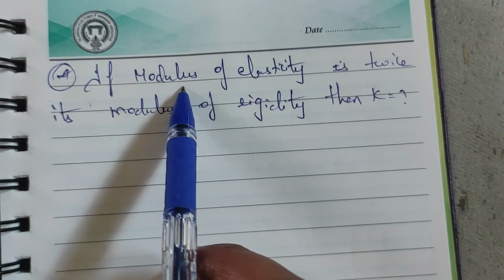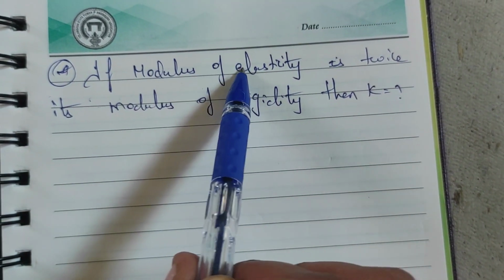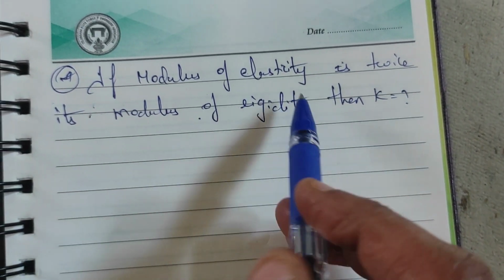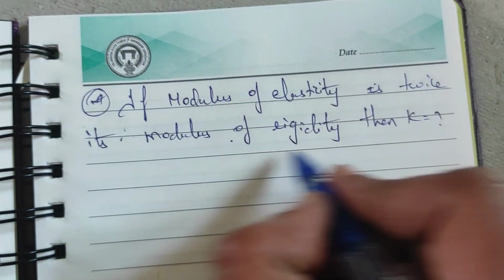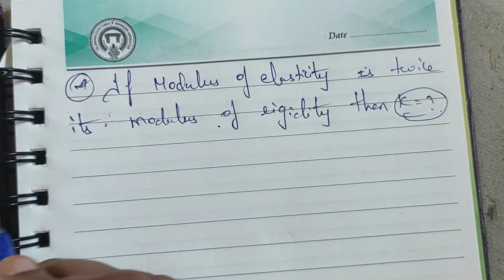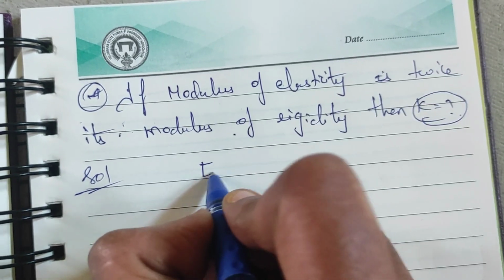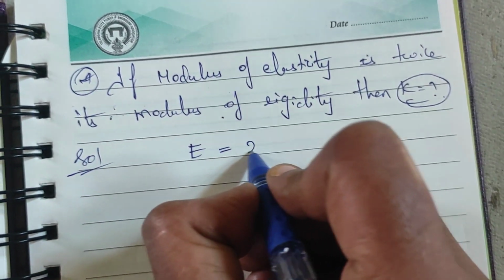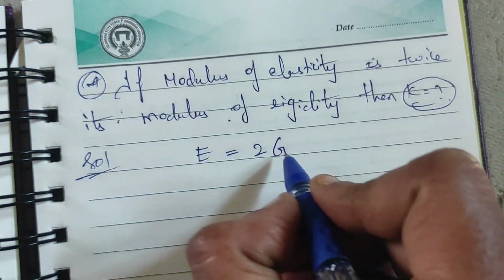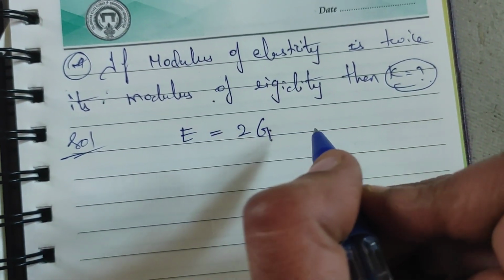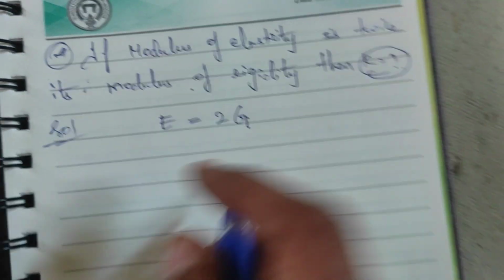If the modulus of elasticity for a given material is twice its modulus of rigidity, then the bulk modulus is. They are asking here to find K. So the given data is that the modulus of elasticity is twice its modulus of rigidity. Modulus of rigidity and shear modulus are denoted by the symbol G only.